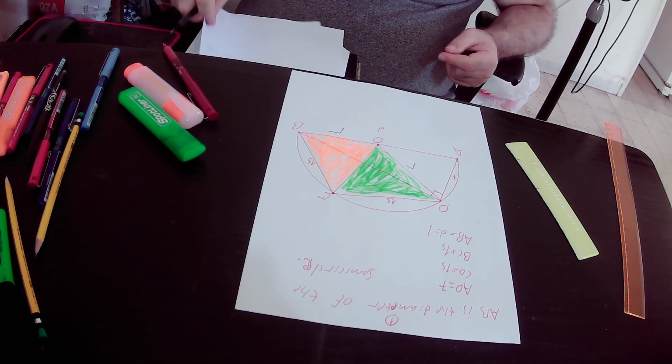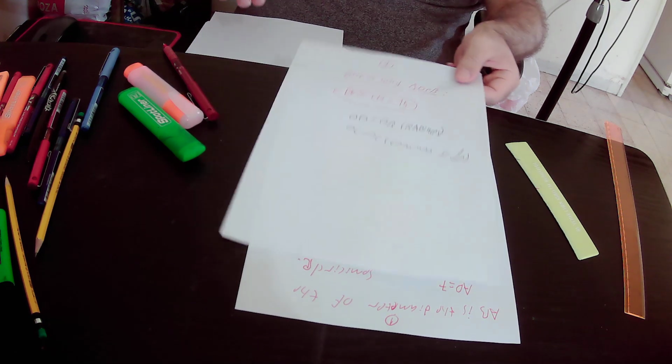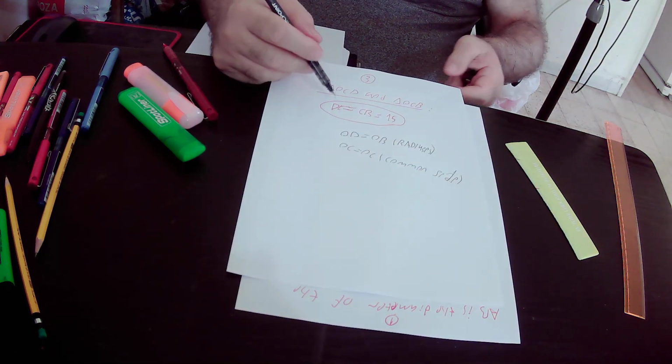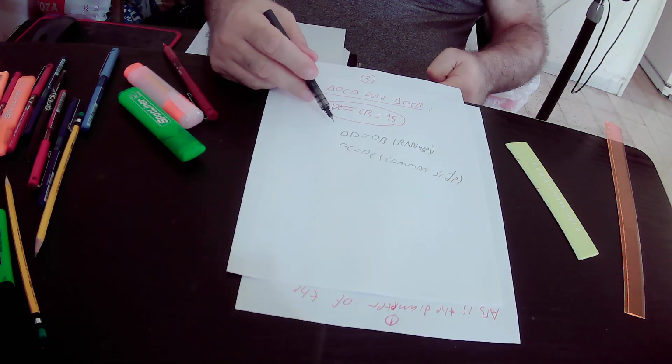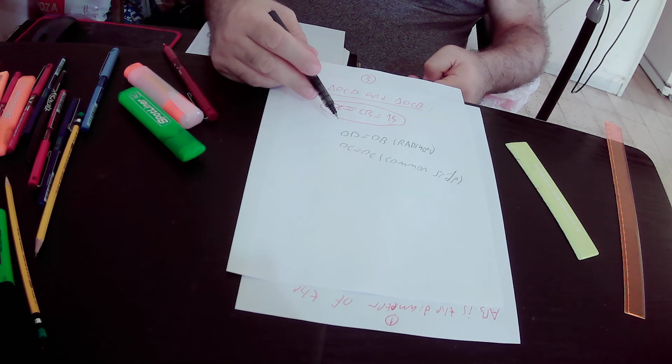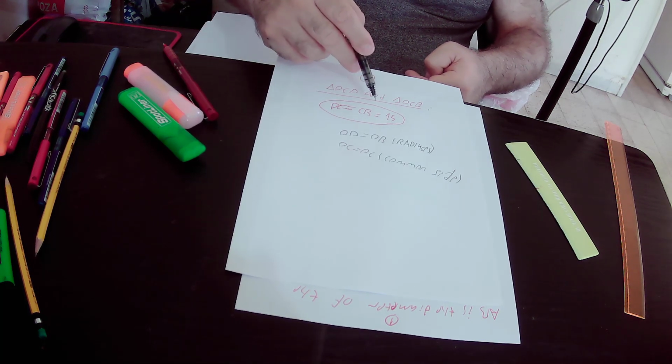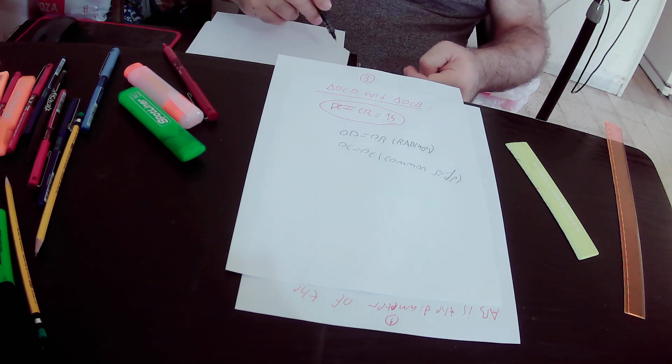So actually we proved that three sides of the green triangle are equal to three sides of the orange triangle.